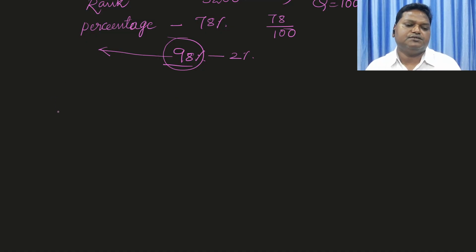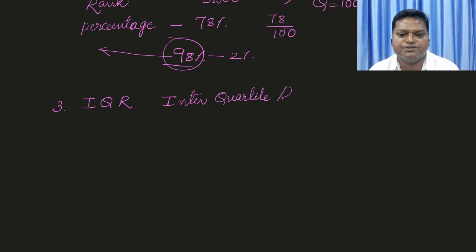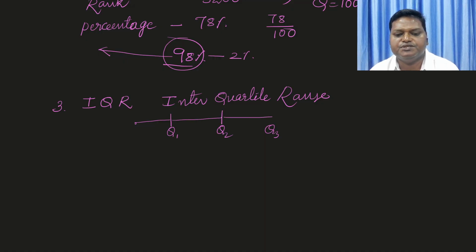Then the third measurement for the dispersion of data is known as IQR, the interquartile range. We have already divided the data into 4 parts. Assume this is 0, this is the 25% part, this is the 50% part, this is the 75% part, this is the 100% part.